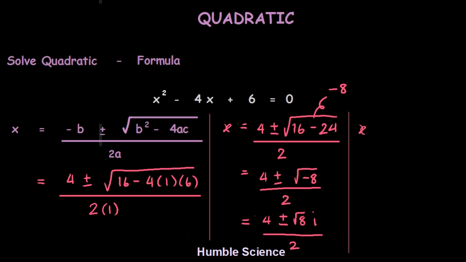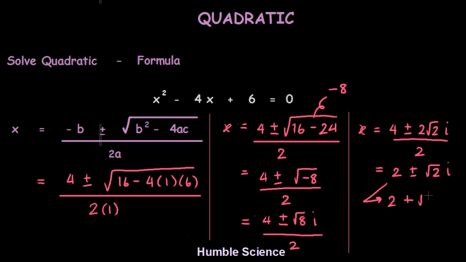And that means x is equal to 4 plus or minus 2 root 2 i, divided by 2. And it's equal to 2 plus or minus square root 2 i. So x is equal to 2 plus square root 2 i or 2 minus square root 2 i. And these are the answers.